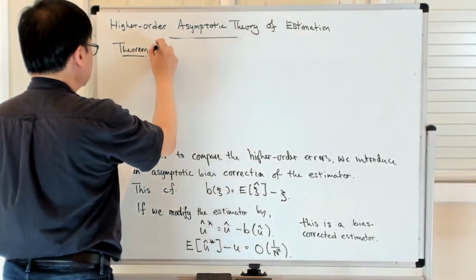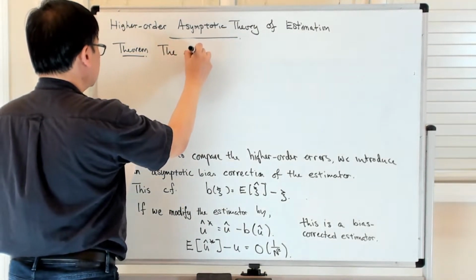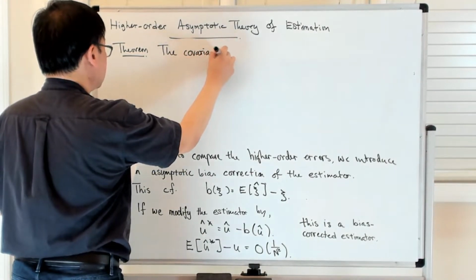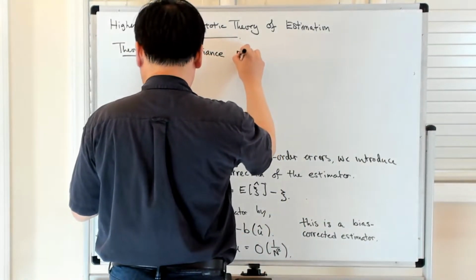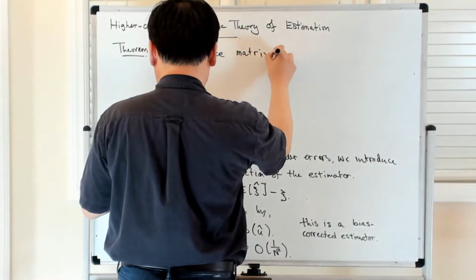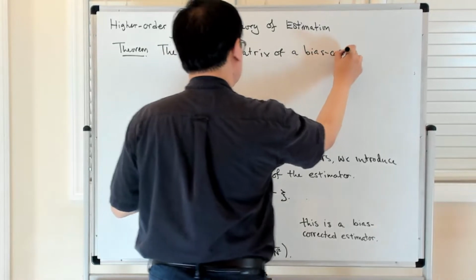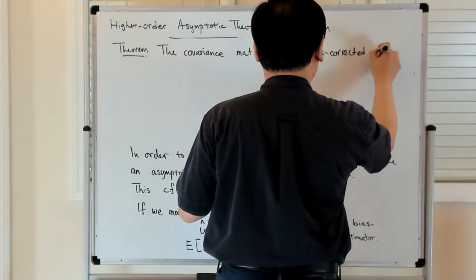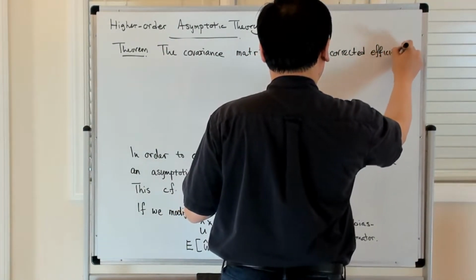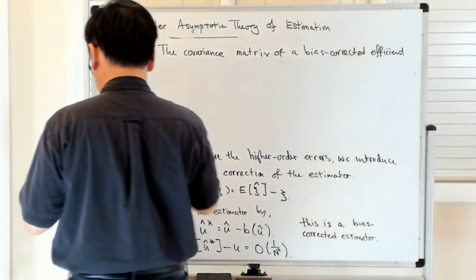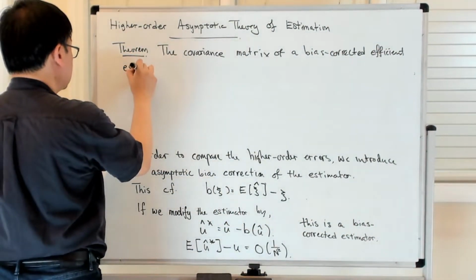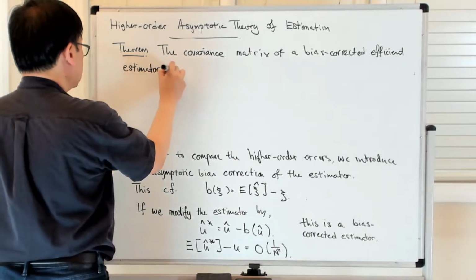The covariance matrix of a bias corrected efficient estimator is given by the following.